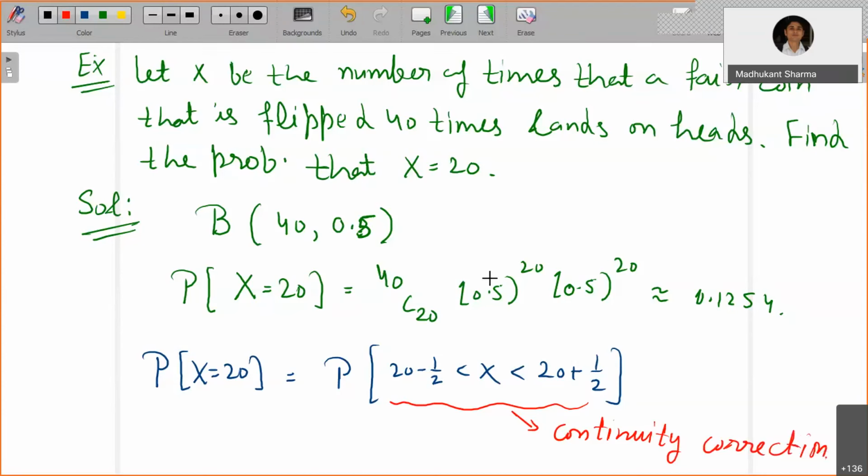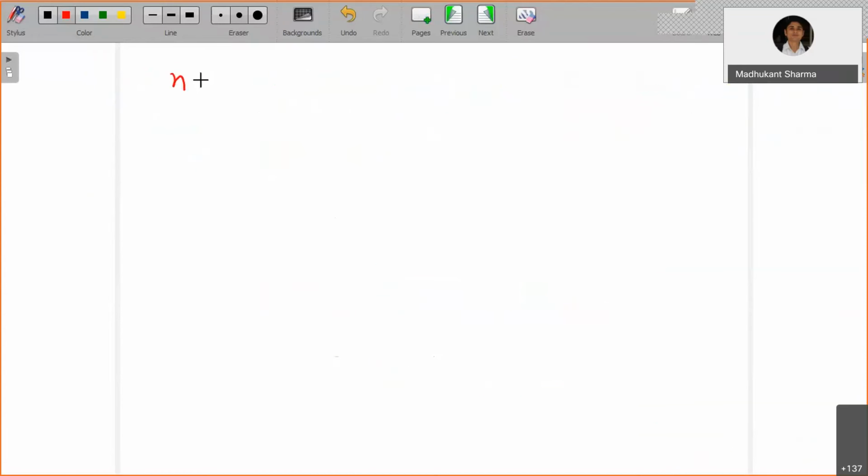Now you can certainly have the following. So you have 40 tosses, and the coin lands on heads. So n is equal to 40. For the distribution, what you require is the mean and variance. The probability of success is 0.5. So the expectation of x is n times p, that is 40 into 0.5, which is 20.